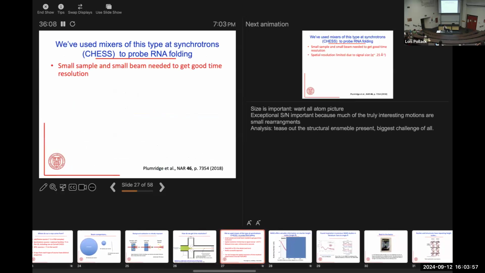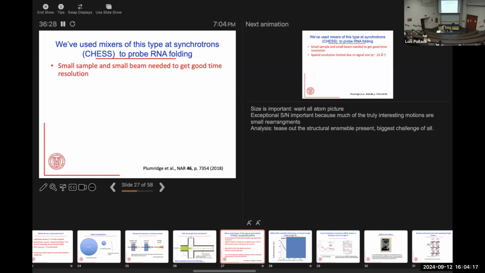Because I told you that stream is about a micron wide, that's a pretty small sample. And if we want good time resolution, we want a very thin beam, because we're measuring across the jet. So we just want to take a small sliver of it, with proportionality factors of flow speed.